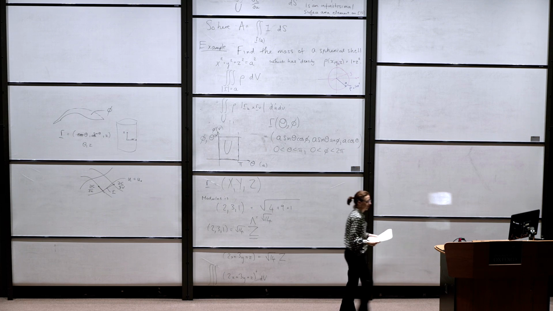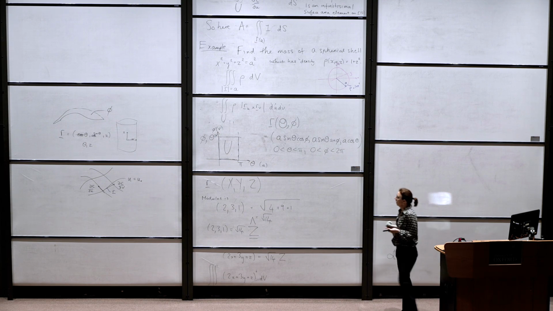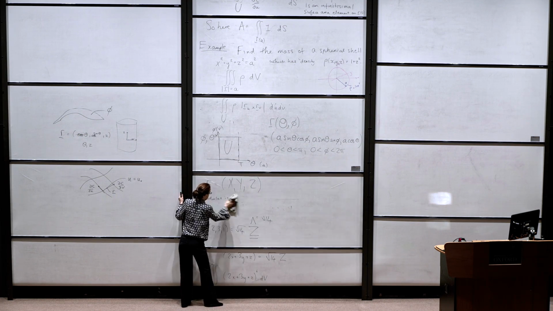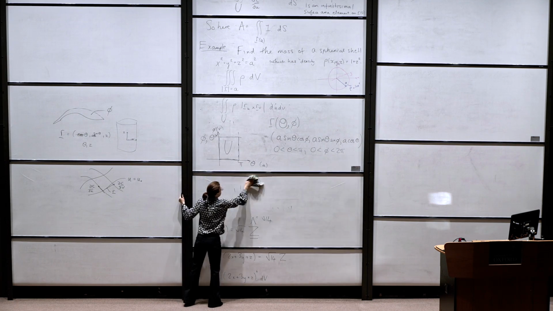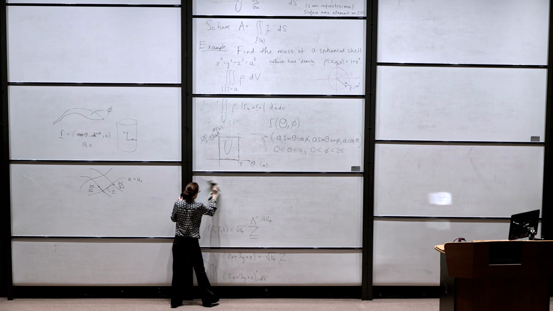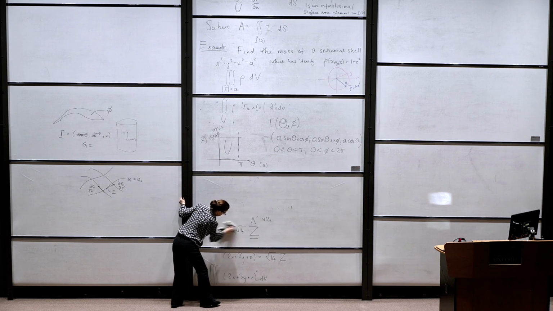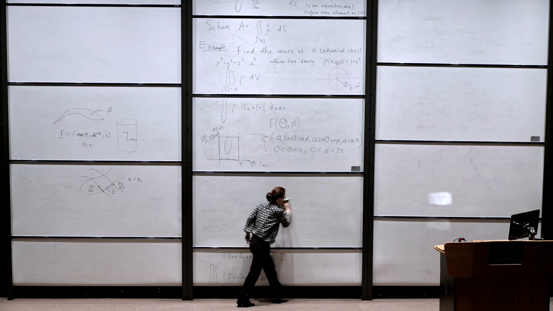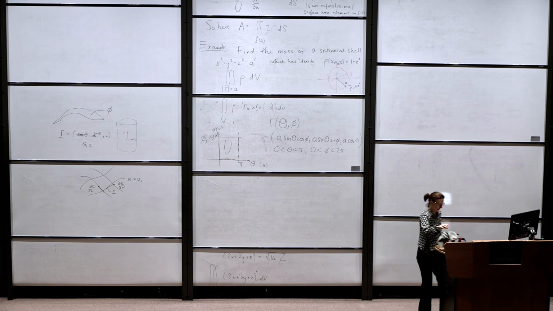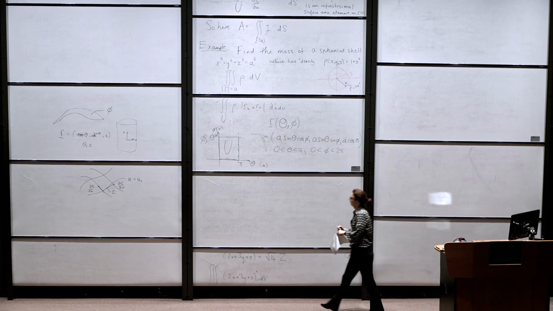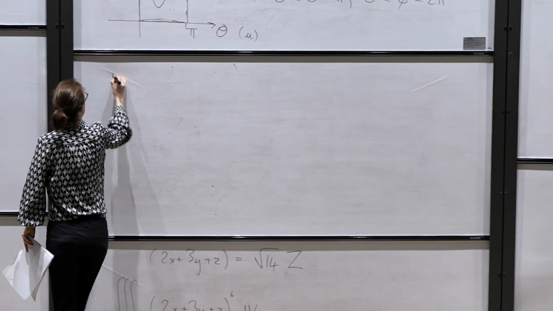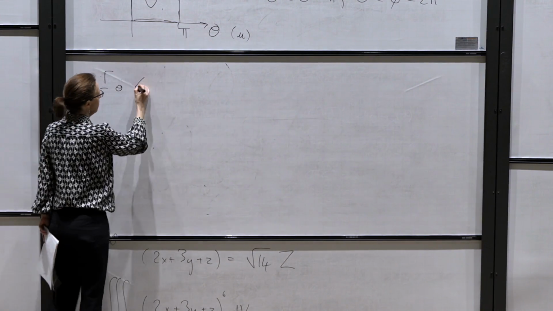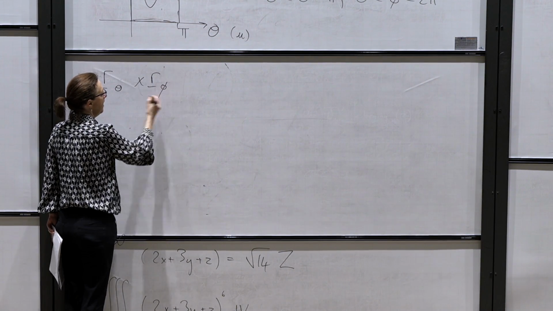All right, so now we've got to compute this r_u cross r_v, which is a bit of algebra. So I'm going to compute dr/d theta crossed with dr/d phi.